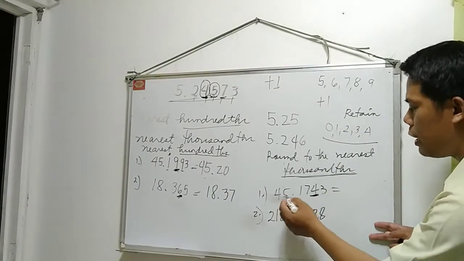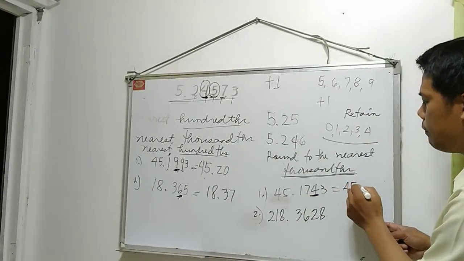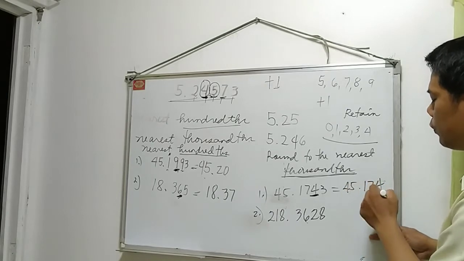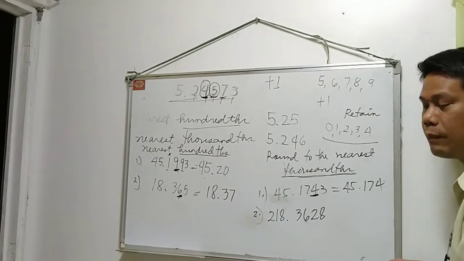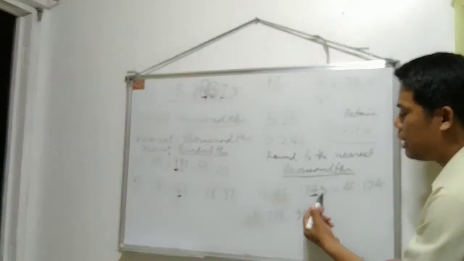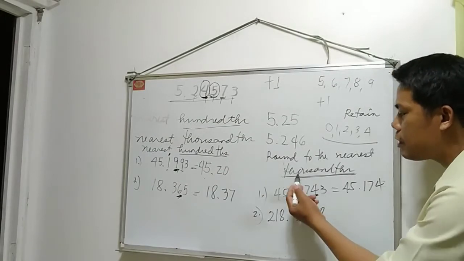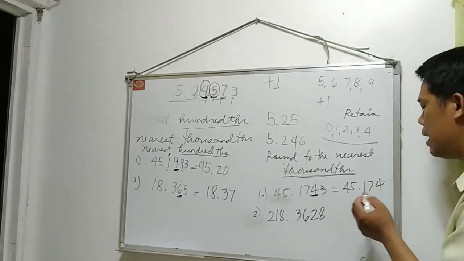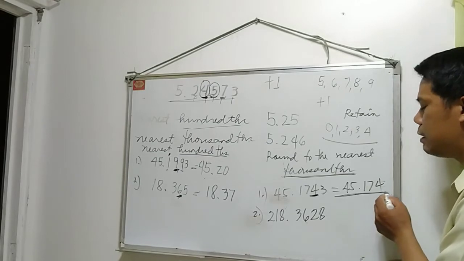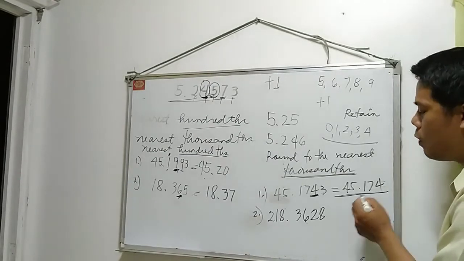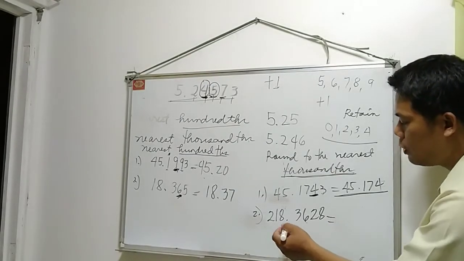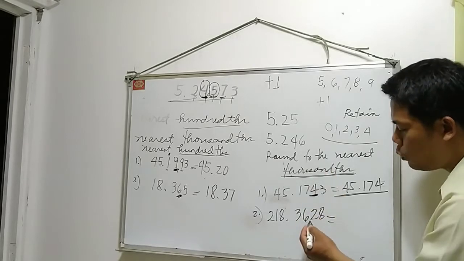So therefore, your answer is 45 and 174 thousandths. Ida-drop na natin siya, magiging 0 na. So since thousandths ang hinihingi, hindi natin siya ilalagay. So 4 pa rin si 4. Walang nabago.